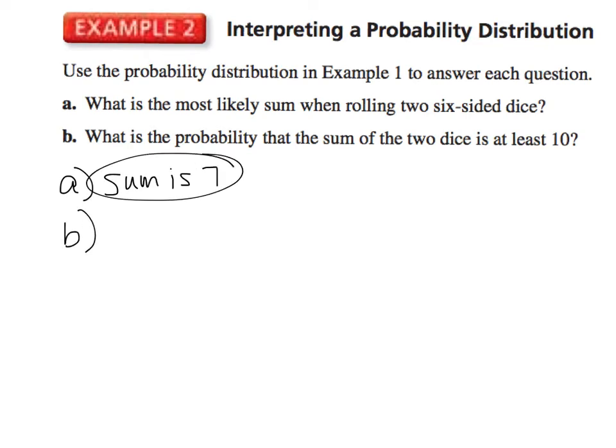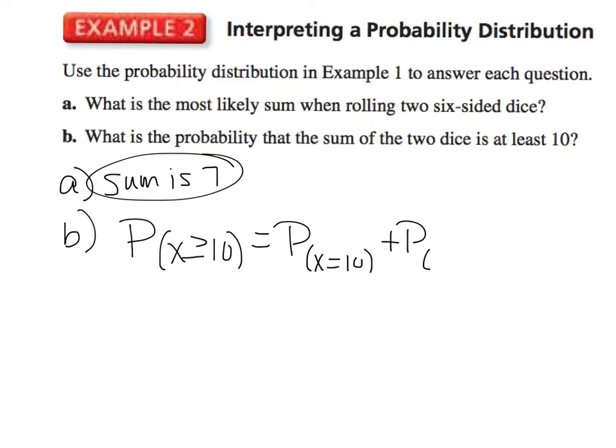B, what is the probability that the sum of the two dice is at least 10? So we want the probability of x is greater than or equal to 10. So that means the probability x could be 10, plus the probability x could be 11, plus the probability that x could be 12.